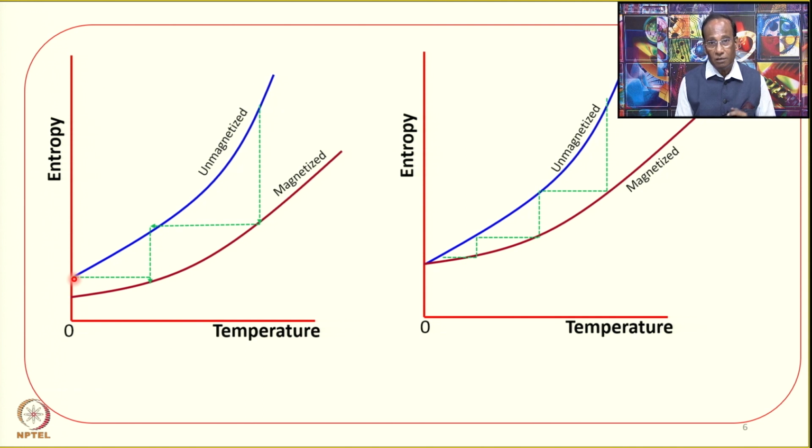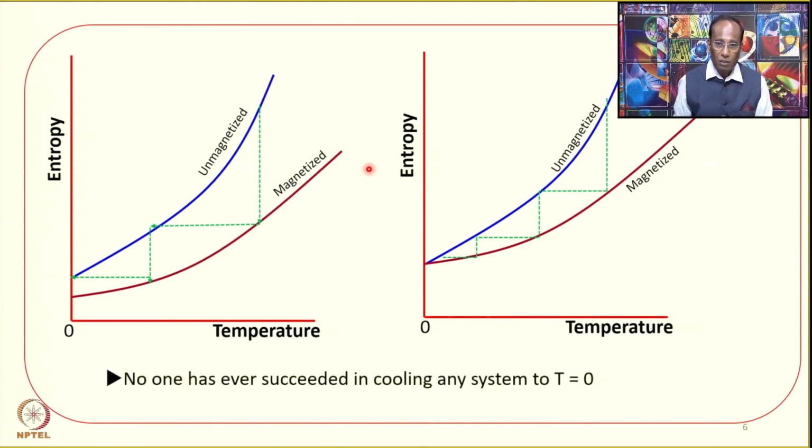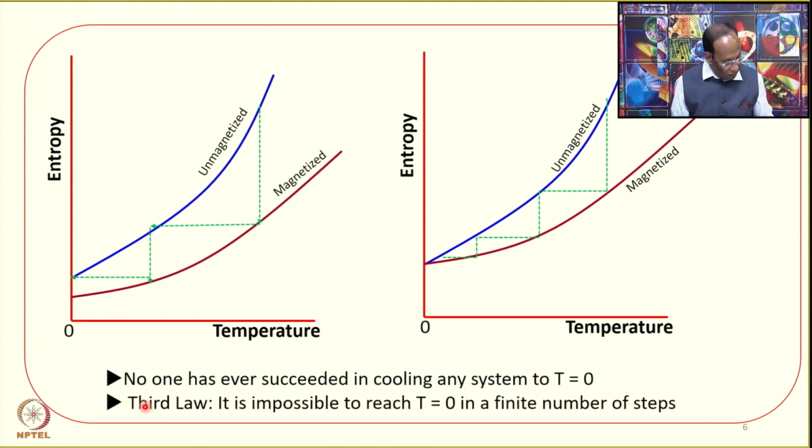But then you are violating the third law of thermodynamics, which says that they must merge for perfectly crystalline substances. So therefore, the right hand side figure suggests that it is not possible to achieve absolute zero in a finite number of steps. No one has ever succeeded in cooling any system to absolute zero, and the reason we have just discussed. By the third law, it is impossible to reach T equal to 0 in a finite number of steps.